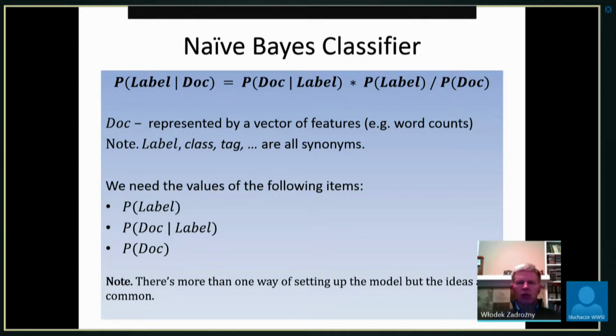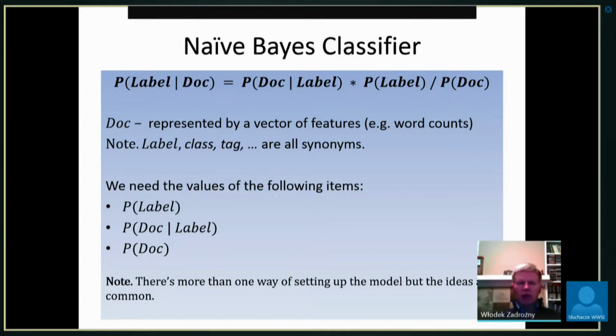So we could ask, what is the probability of the document given the label, and what is the probability of the label? And we divide the product of these two values by the probability of the document, and we know that this is equal to the probability of the label given the document because of the Bayes theorem.